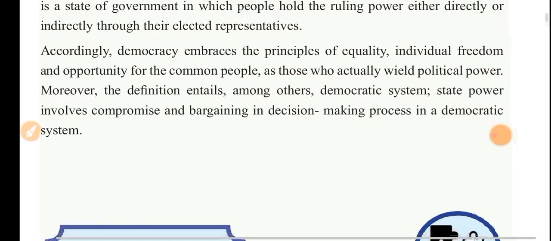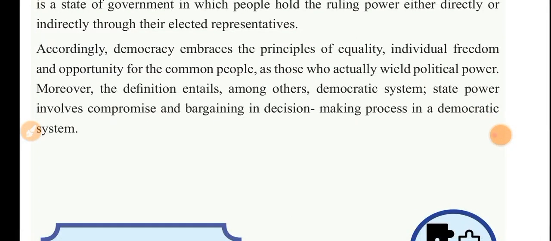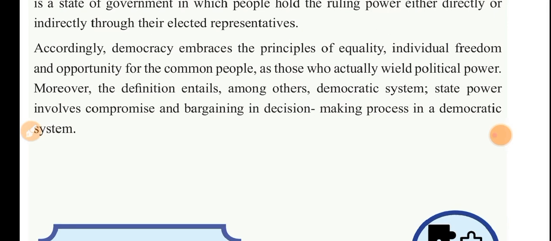Moreover, the definition entails, among other democratic system features, that state power involves compromise and bargaining in the decision-making process in a democratic system.